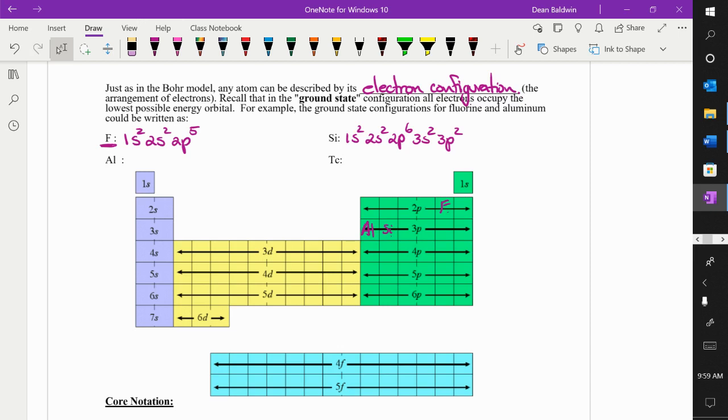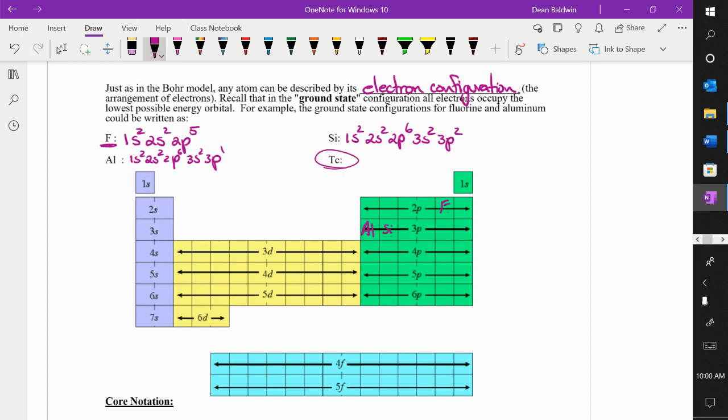It should have one less electron, right? It should be 1s2, 2s2, 2p6, 3s2, 3p1.